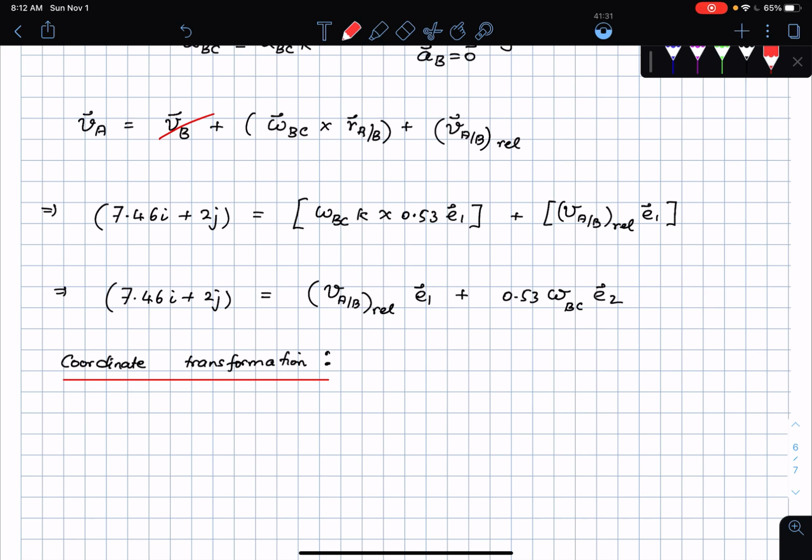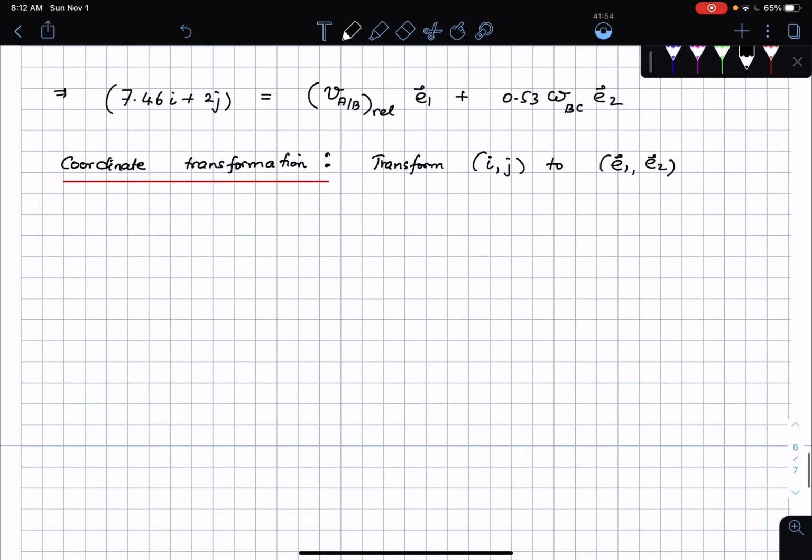So I'm going to have to solve a system of equations, which is not very efficient. So in this case it is more efficient to do the transformation from i and j to E1 and E2.